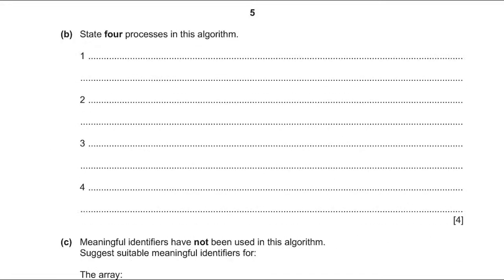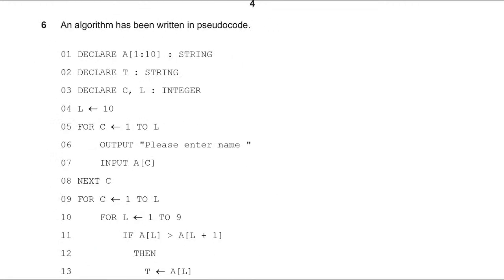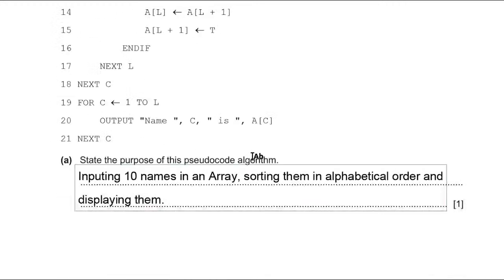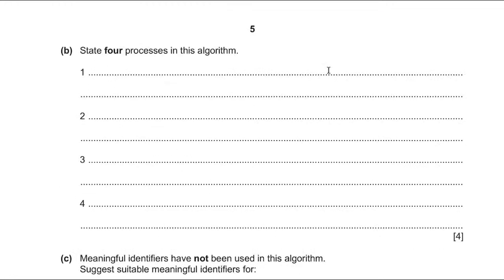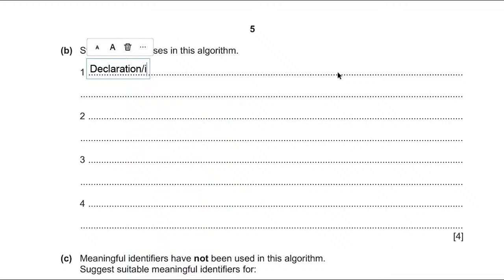State 4 processes in this algorithm. So where are processes happening? So first of all, we are declaring or initializing variables. That's technically a process. Then we are storing values in an array.